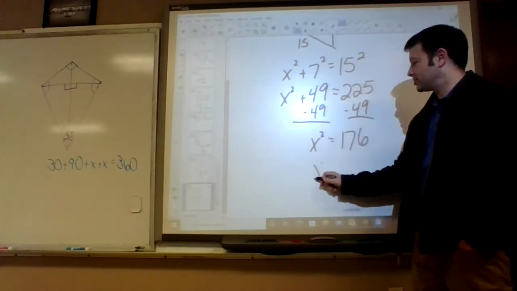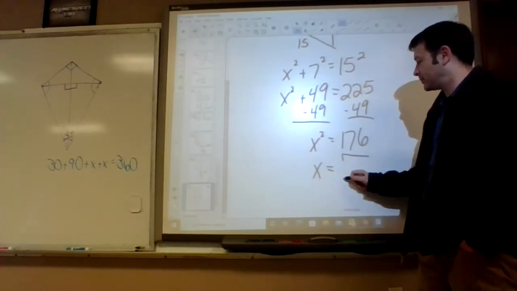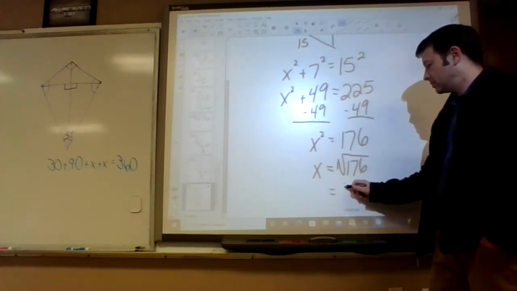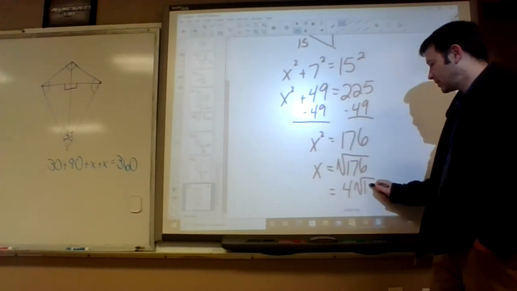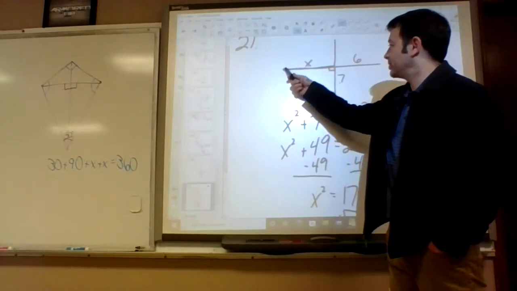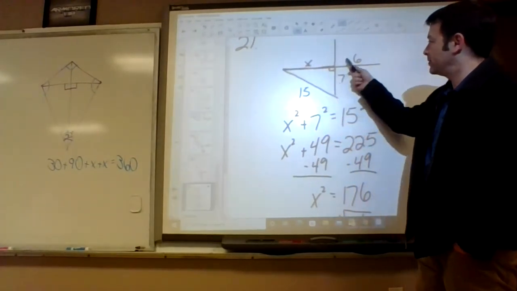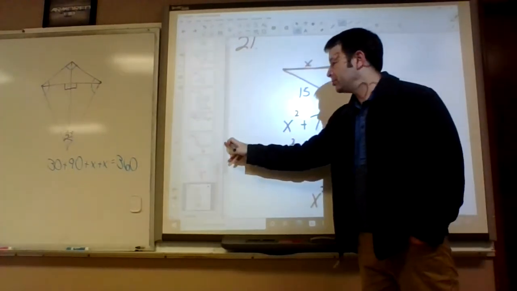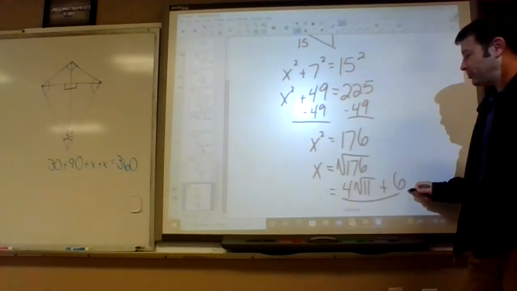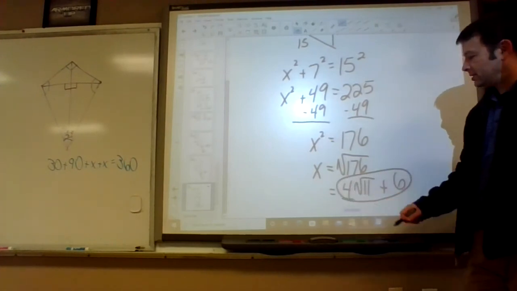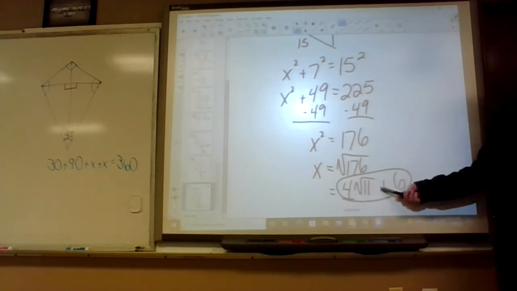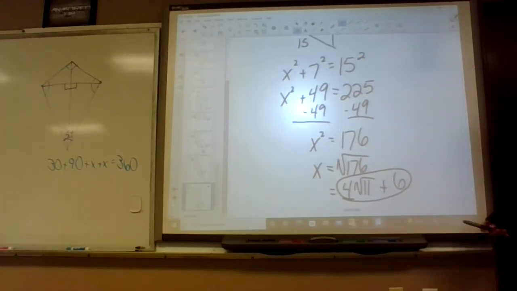I don't think that has a perfect square root, but I do think it simplifies. What does that simplify to? 4 square root of 11. Remember, that was just this part of the diagonal. So 4 square root of 11 plus 6 would be the whole thing. That does not simplify unless you turn it into a decimal, but we're not going to, so we'll just leave it like that: 4 square root of 11 plus 6.